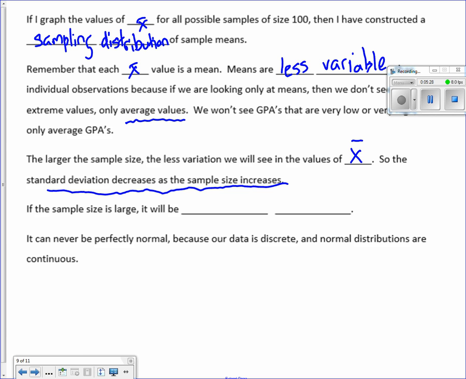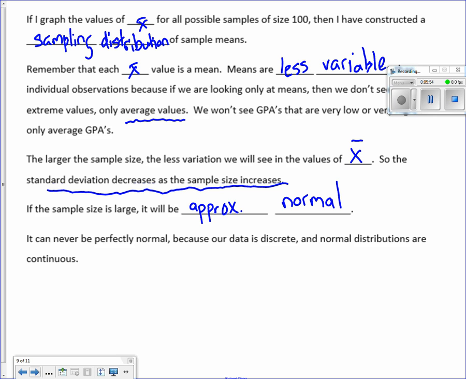If the sample size is large enough and we have enough of our samples, then our distribution will be approximately normal, just like it was with proportions. If we had enough of those samples drawn and we plotted them all on the graph, we're going to see a histogram or a dot plot that's approximately normal.